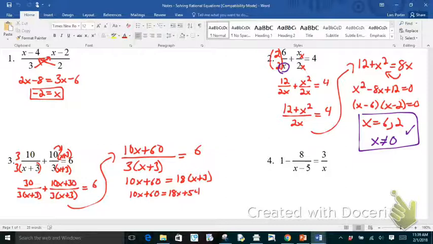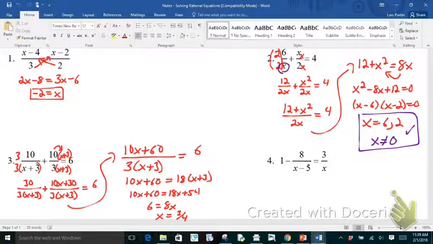Subtract over 10, subtract over 54, and we're going to get 6 is equal to, what would that be, 8x. So x is equal to 3/4.